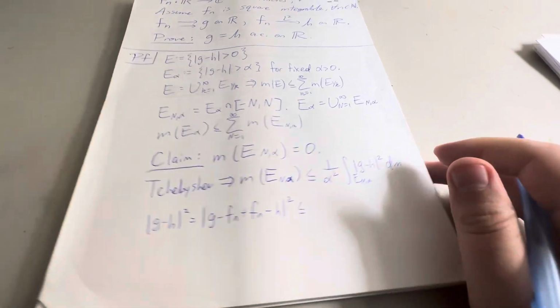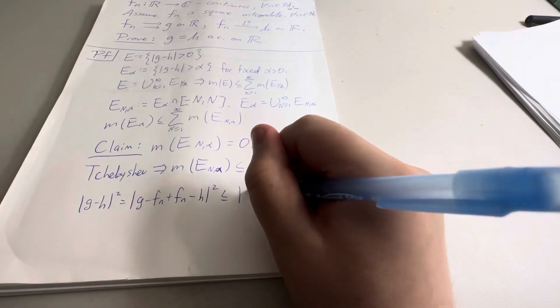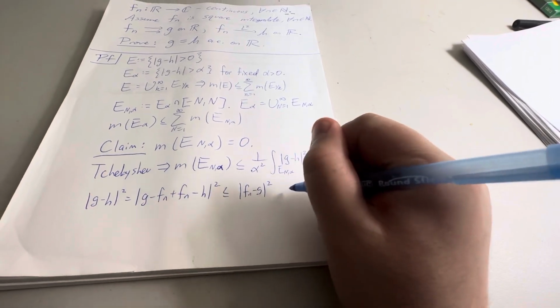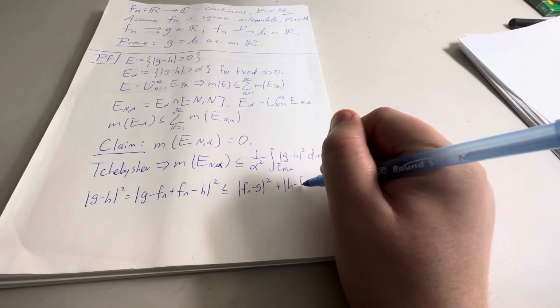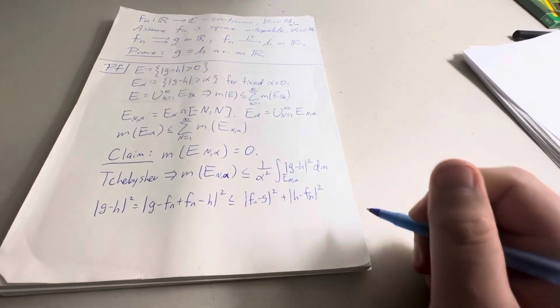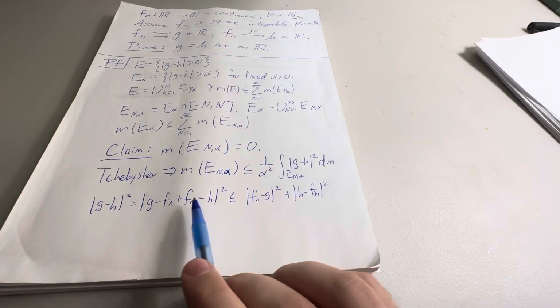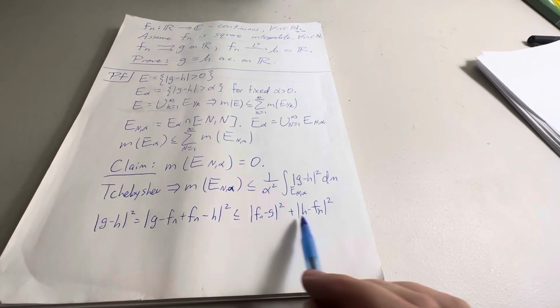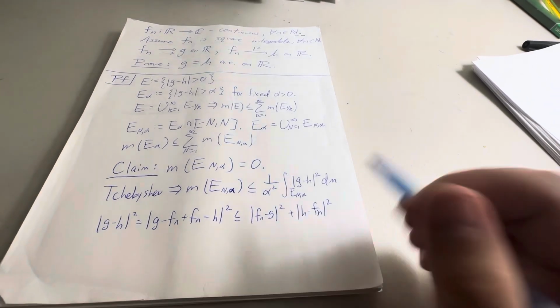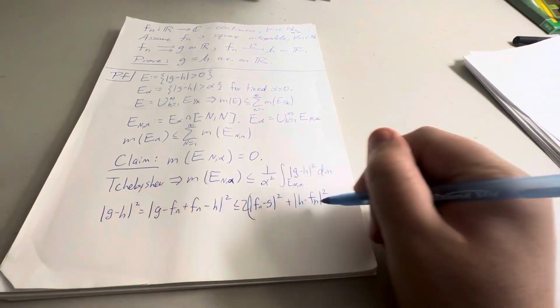And now you can split into 2 pieces. So you have Fn minus G squared plus H minus Fn squared. But I'm lying here, because you can split this way, but it's only bounded above by this sum up to a constant, and that constant is 2.